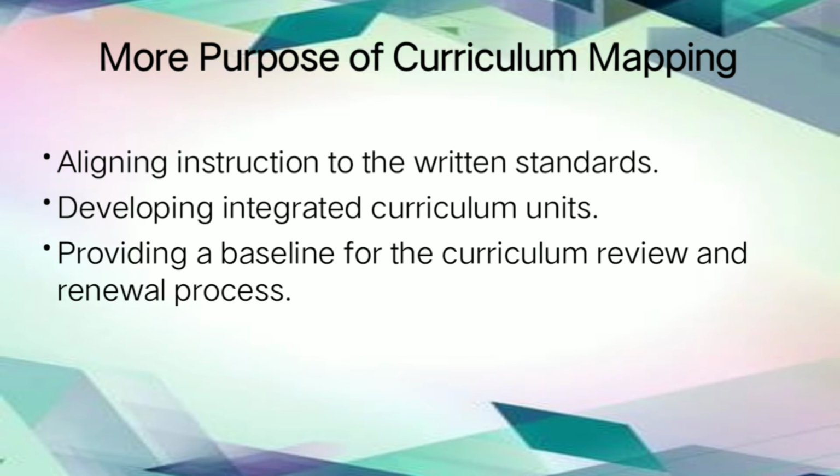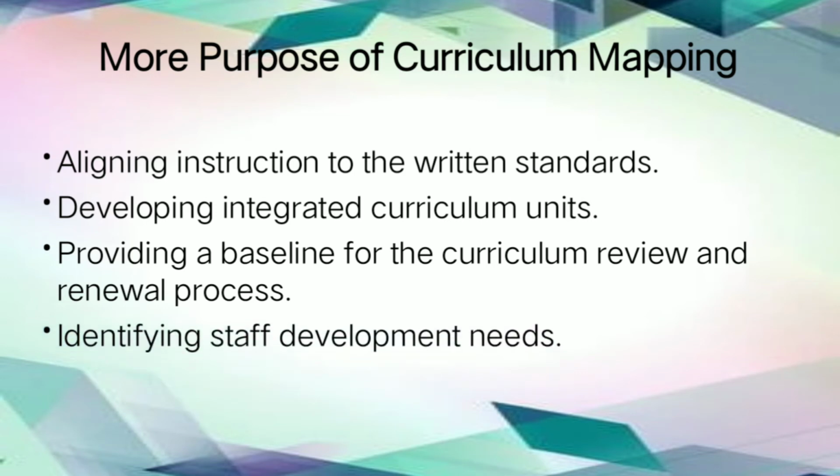The baseline of the curriculum needed for the review and renewal process, which is the academic gaps, redundancies, and misalignment, must be addressed for the best outcomes. And the next one, identifying staff development needs. We need to address in that way also the needs of the staff for the best and most improved curriculum that we need.